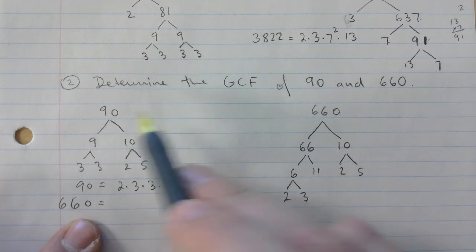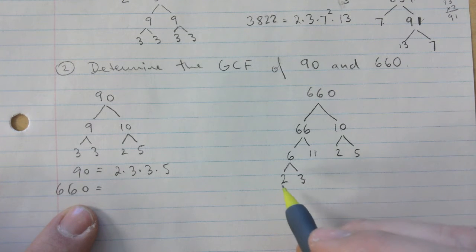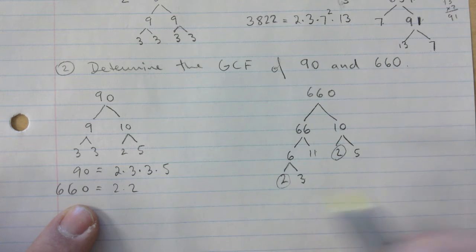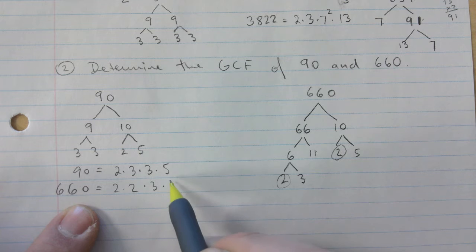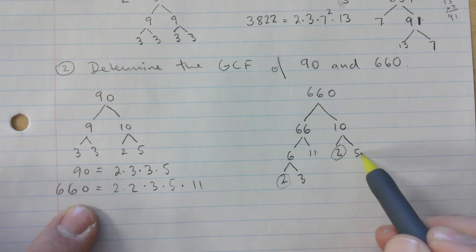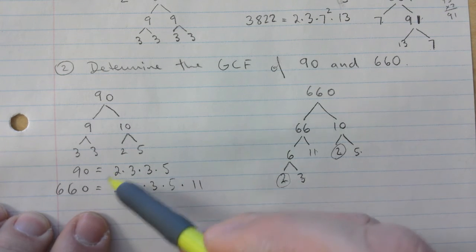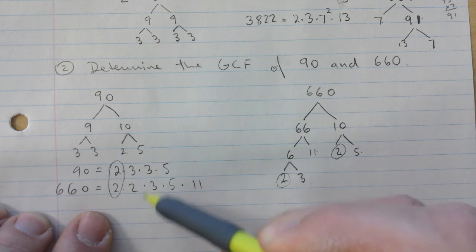So I could give you more numbers to find a GCF for. So you just go lowest to highest in expanded form. So it's 2 times 2 times 3 times 5 times 11, right? 1, 2, 3, 4, 5 factors lined up here from smallest to greatest. Circle the common ones, right? 2 and 2 here.